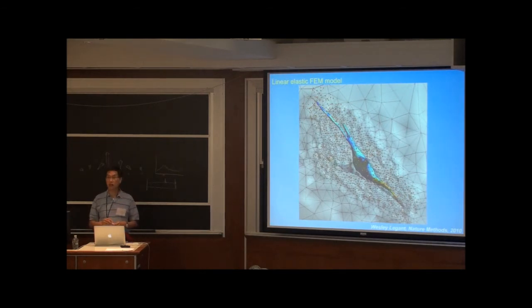So the first thing you have to do, in our case, is that you have to generate a finite element model of the material itself. And the reason why you have to do that is because the cell has a unique shape inside this structure. Think of it as a void. It's just a hole in there. And you're pulling on the surface of that void. Well, that means that you have to generate kind of this model of what the gel looks like with that hole inside for that particular situation.